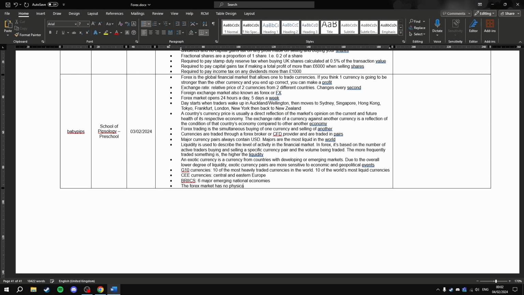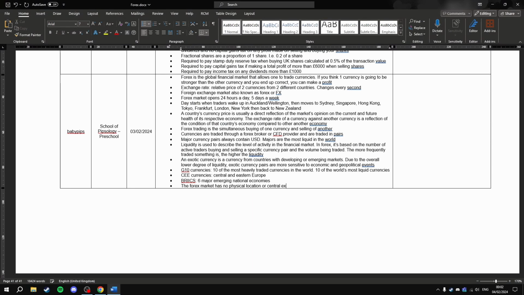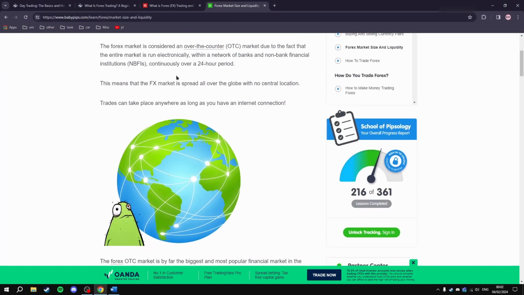The Forex market is considered an over-the-counter market due to the fact that the entire market is run electronically within a network of banks and non-bank financial institutions continuously over a 24-hour period.